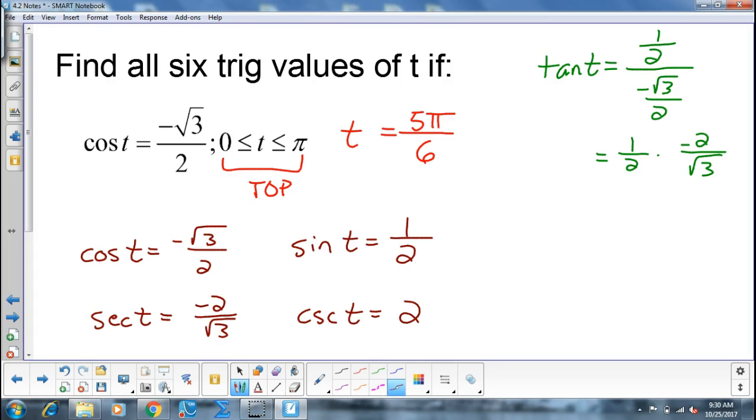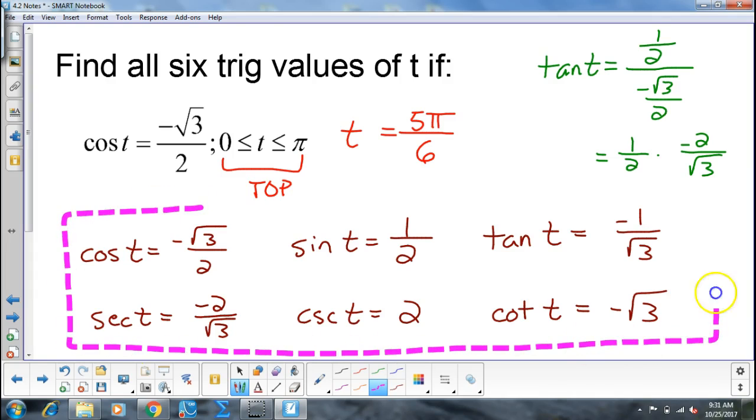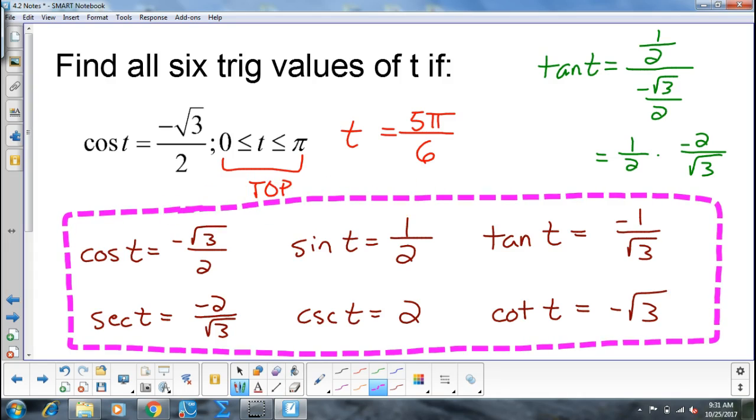So then what is the tangent of t? Negative 1 over the square root of 3. What then is the cotangent of t? Negative square root of 3. And that, ladies and gentlemen, are the 6 trig values of t.